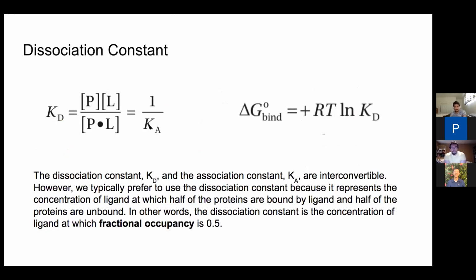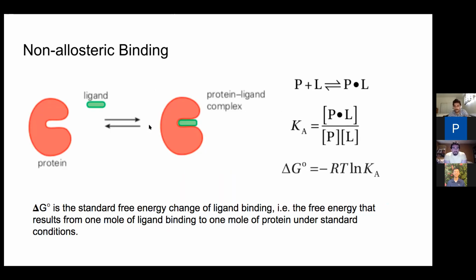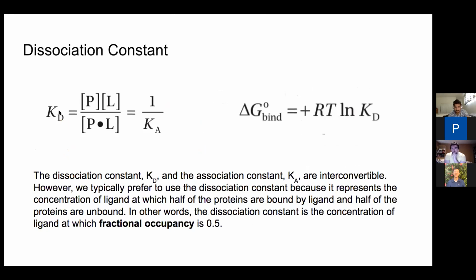And then, of course, we can also write the equation in reverse. Here we modeled it as a free protein and free ligand combining to form a protein-ligand complex. We could have just as easily written it in the reverse direction. So you have first a protein-ligand complex with their non-covalent interaction, and they dissociate to form a free protein and free ligand. The expression for that would be the inverse of your association constant, with your free protein and free ligand in the numerator of your dissociation constant.